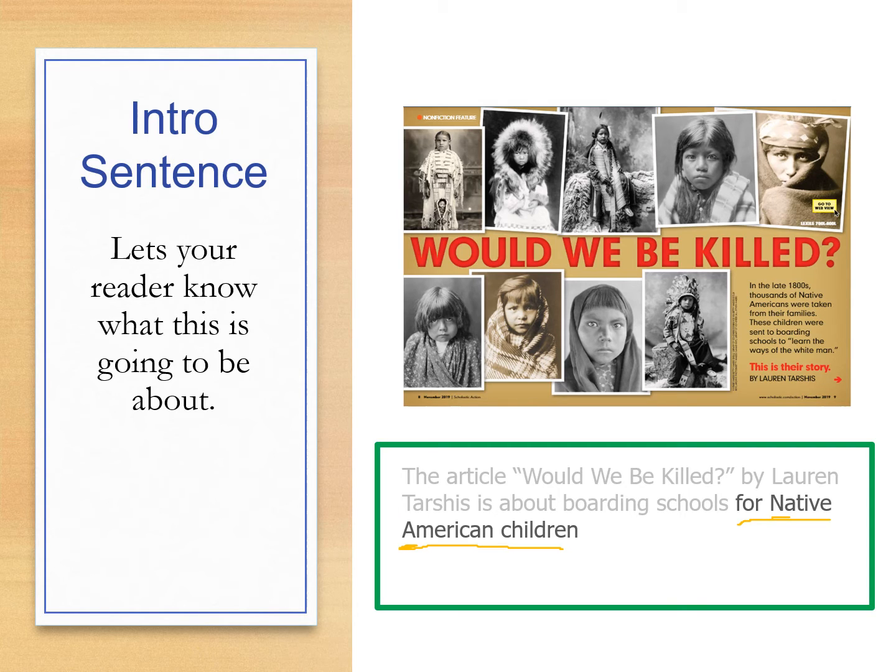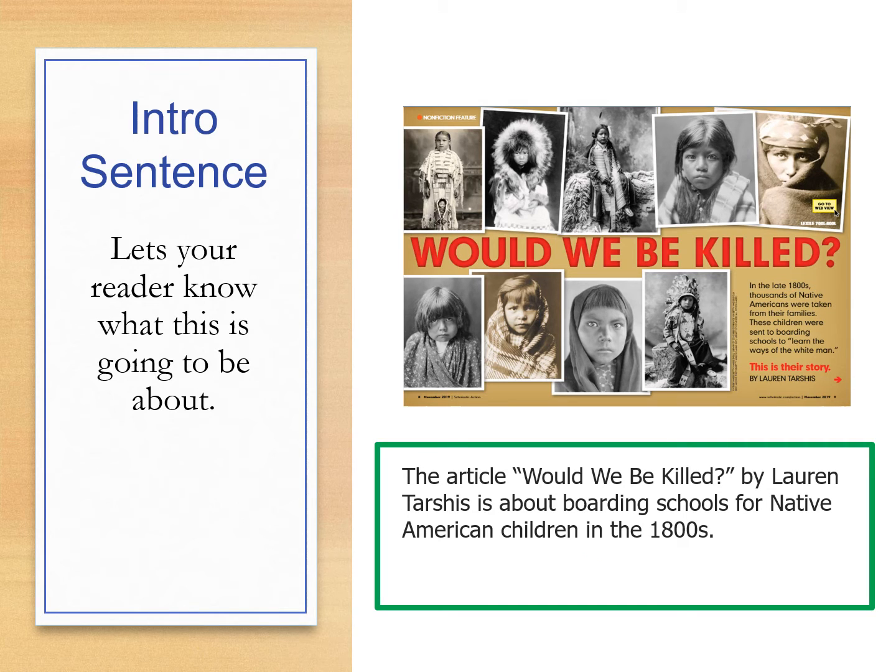These boarding schools don't exist anymore, so we need to be really clear about that in this intro sentence, but we just want to do it really short. So here's how we'll do that. In the 1800s. That's all you need to let your reader know that this happened in the past. Where did I get in the 1800s? I got it right out of the text, right from there.